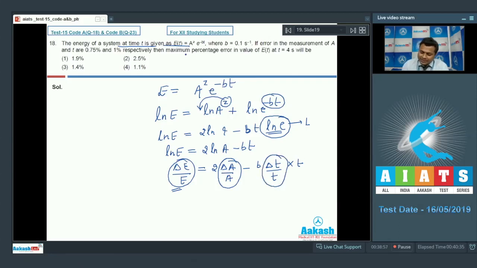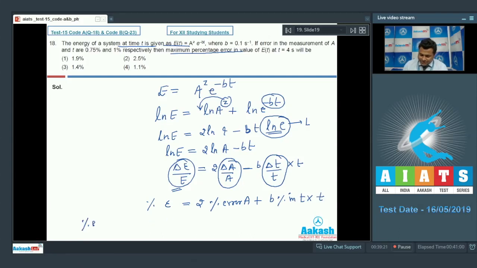But we have to calculate the maximum percentage error, so let us multiply by 100 on both sides. What we will get? Percentage error in E equals 2 times percentage error in A. For the maximum percentage error, we need to put a plus sign here, plus b into percentage error in t multiplied by t.